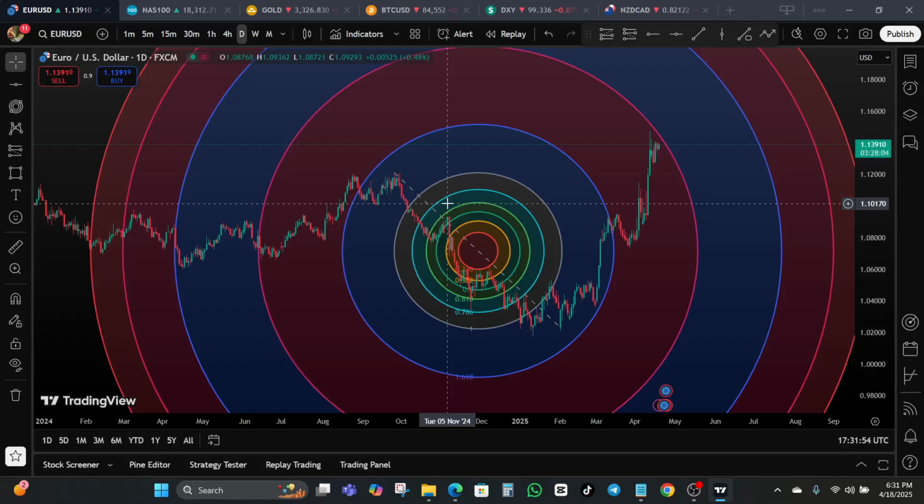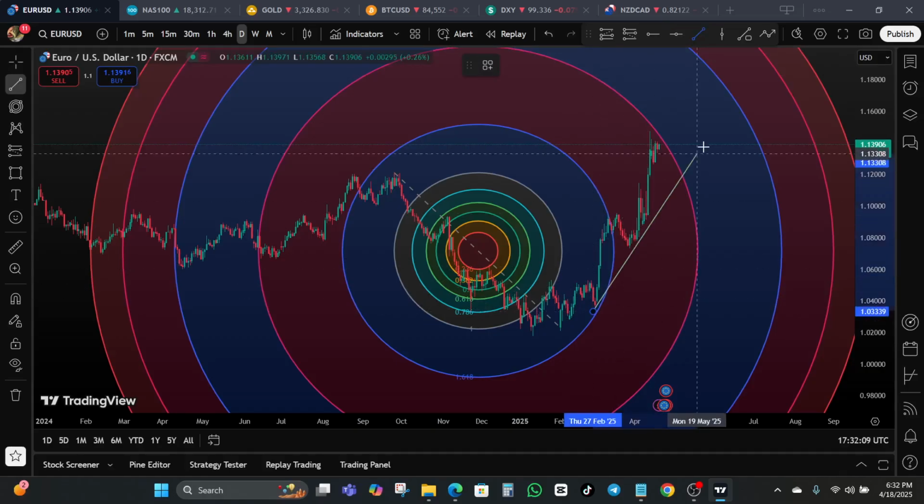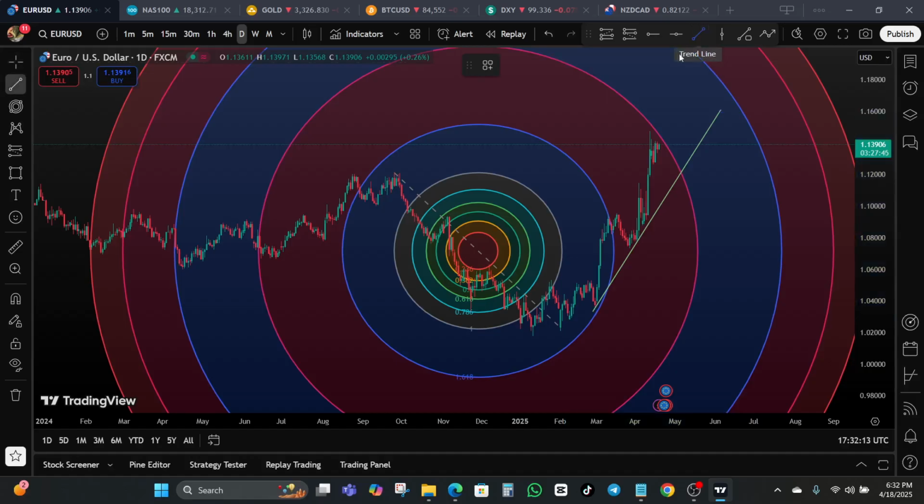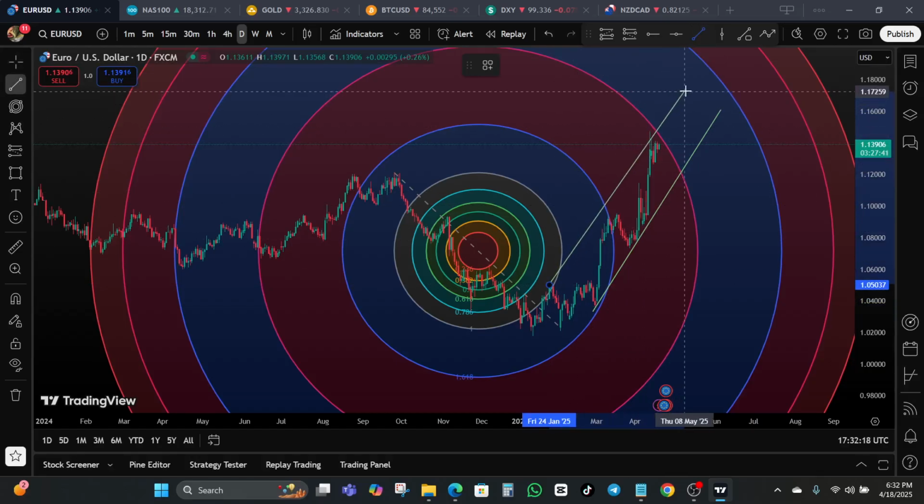Now, here is a pro tip. Use Fibonacci cycles in combination with trend lines or horizontal zones. You can still draw your trend lines for additional confirmation, while watching out for how price reacts around the Fibonacci axis.